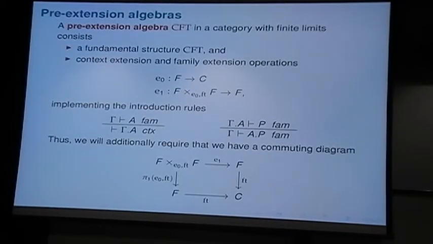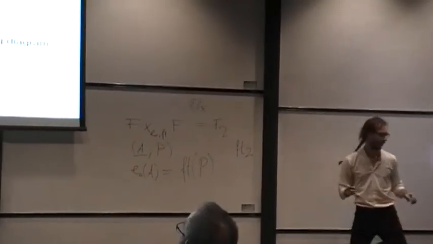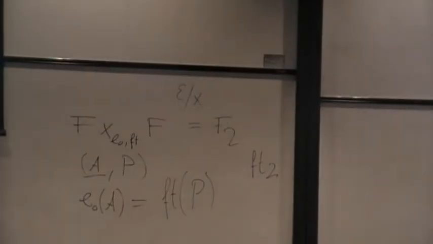Here we see that we can have a notion of higher families, like the P, which is a family over an extended context. And we are going to call this thing F2, because it's sort of families at the second level, second family. And the pi 1 over there behaves very much like an ft, so we are going to call it ft2.